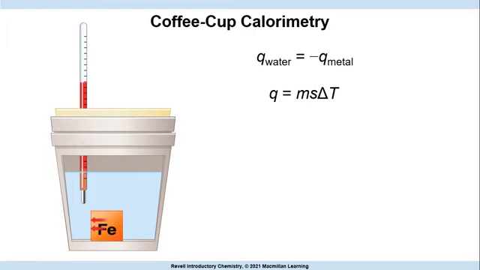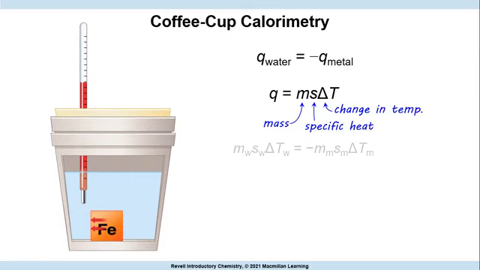So if we substitute the Q with m s delta T, here the m is the mass, the s is the specific heat, and delta T is the change in temperature. Putting all of that together, we will see that m sub w, where w stands for water, the mass of water, times the specific heat of water, times delta T sub water, is equal to minus m sub metal times the specific heat of the metal times delta T for the metal.